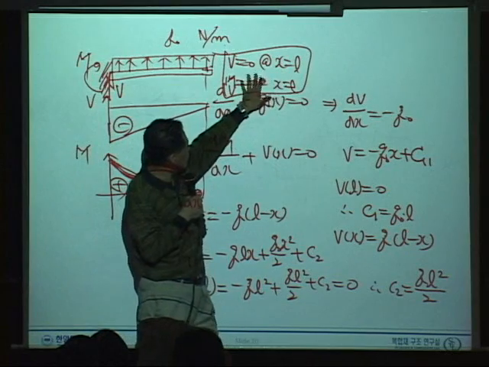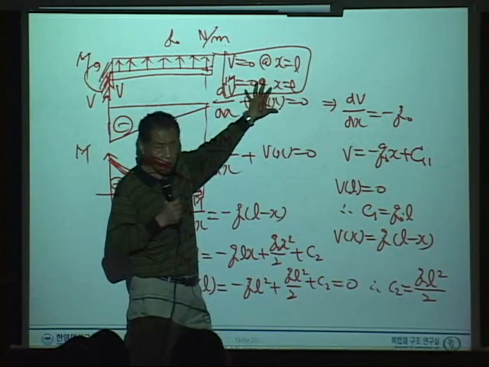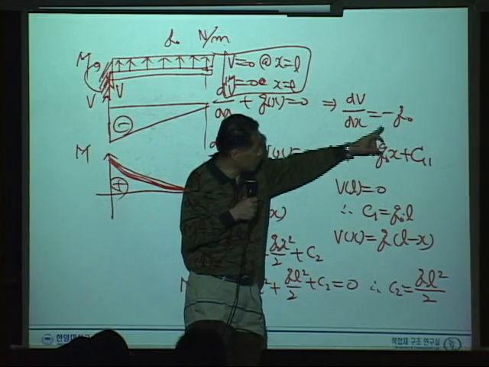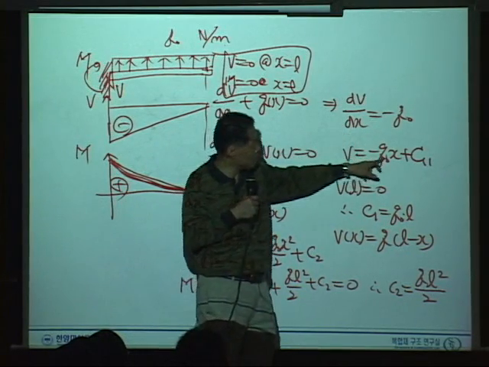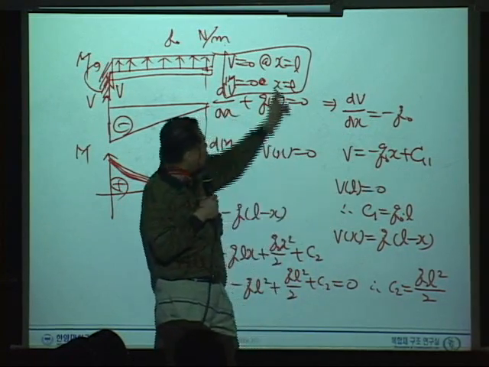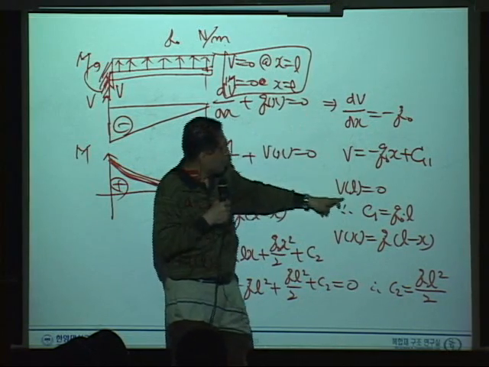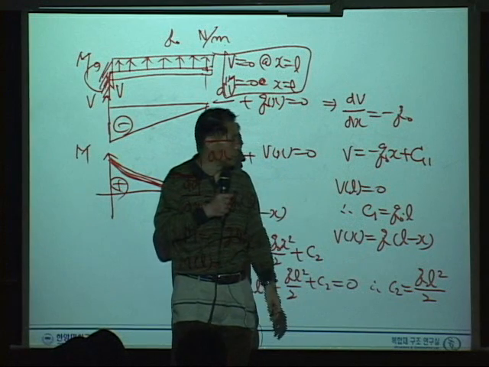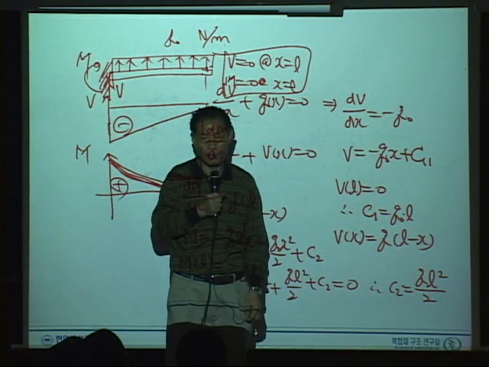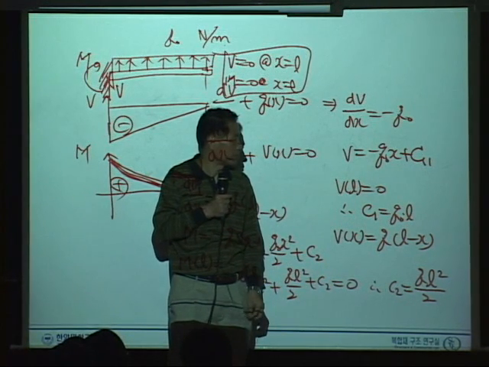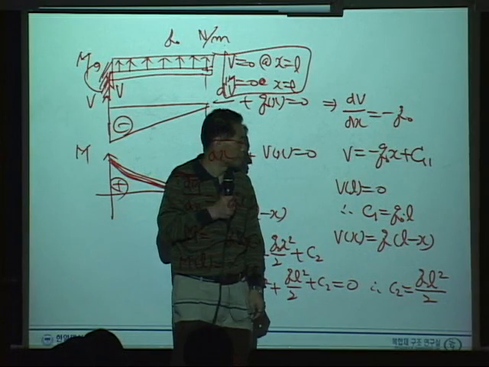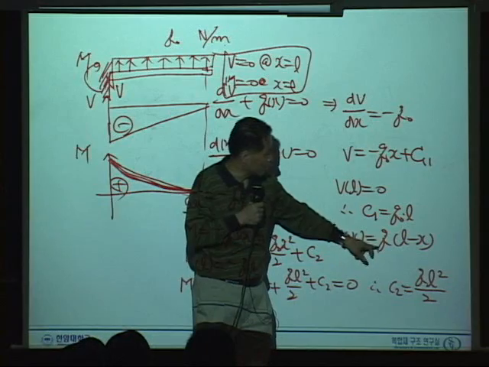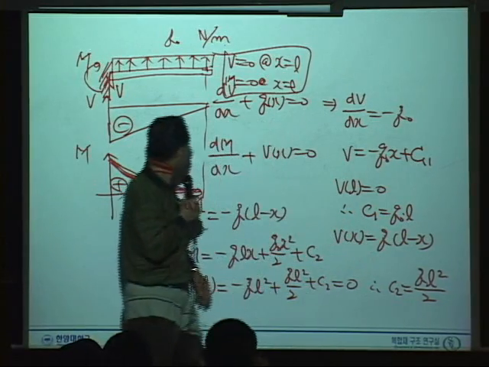So we have these two conditions, and if we integrate, Q0 is constant, so we get minus Q0 x plus C1, and using the condition at L, C1 is simply Q0 L, right? So V(x) is given as Q0 times (L minus x).